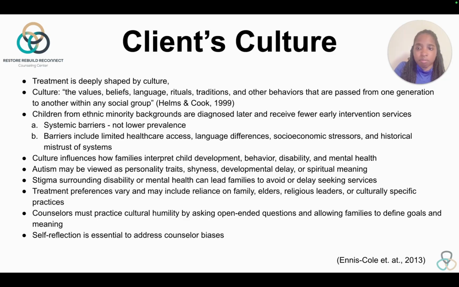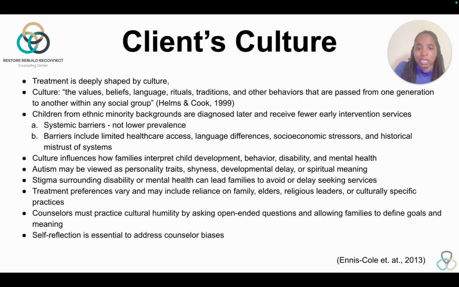So culture can also affect when someone is diagnosed with autism. For instance, children from ethnic minority backgrounds tend to be diagnosed with autism later than the majority population, so white children, and they are also less likely to receive early intervention services. However, this does not mean that minority populations don't have autism.